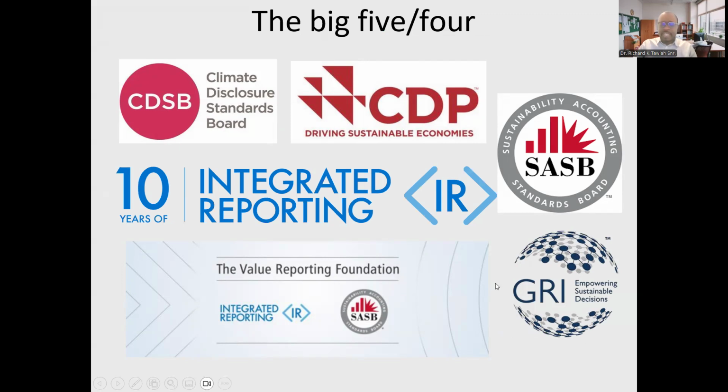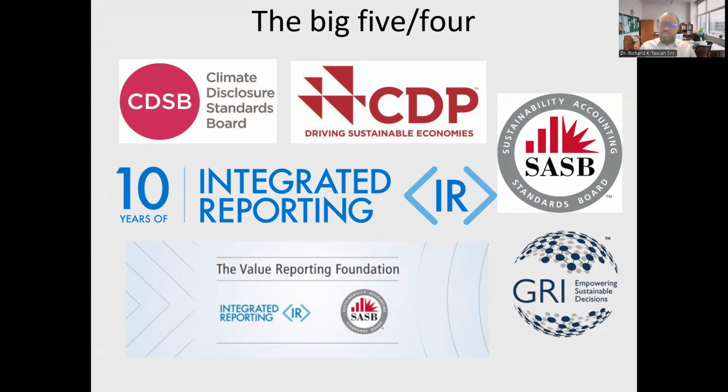The big five or the big four items we would want to hit. Okay, so the GRI, Global Reporting Initiative, they help us with the GRI standards, like I mentioned earlier. We used to have the International Integrated Reporting Council, IIRC. And then they joined forces with the Sustainability Accounting Standards Board.